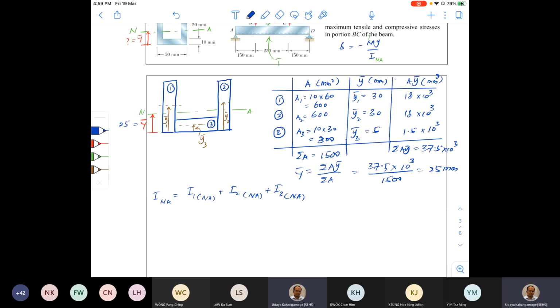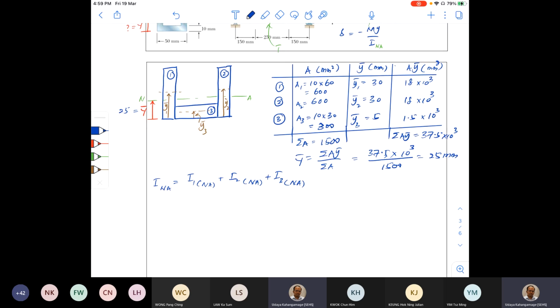So what is the I1 about the neutral axis? Can you write that one from the parallel axis theorem?